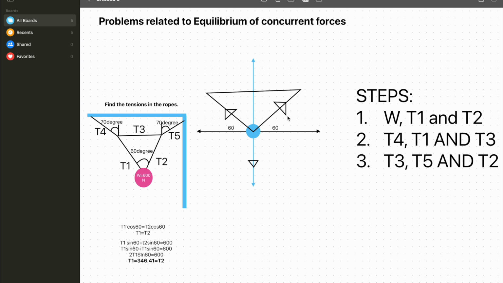Then if we draw a free body diagram for the second one, the first step is done.